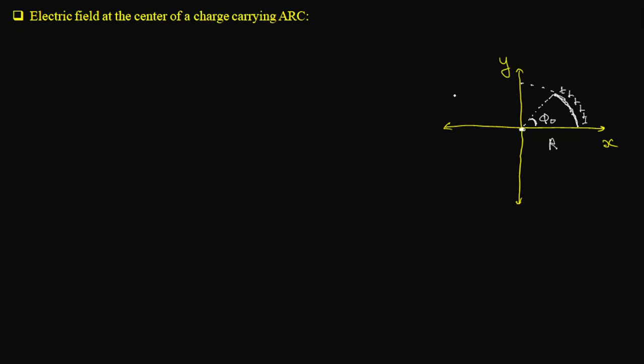So an arc is a part of a circle. In this case we have considered that this arc part creates an angle phi naught at the center, and one end of the arc is on the positive x-axis and the other end is at angle phi naught, and the radius of this arc is R. This arc is carrying, for simplicity, a uniform charge density, but an examiner may ask about a non-uniform charge distribution, so we'll calculate some problems with that also.